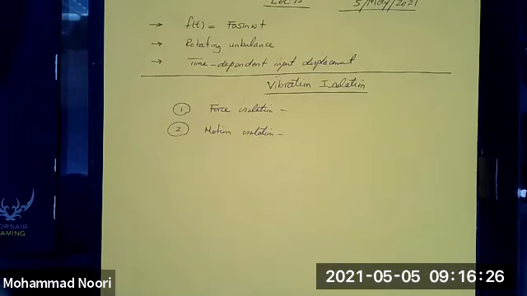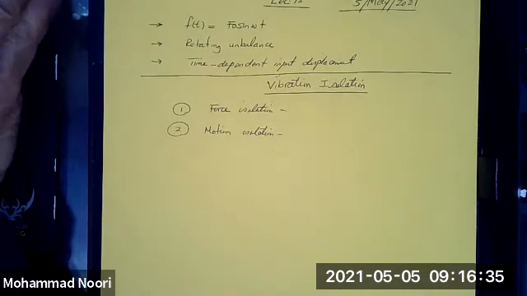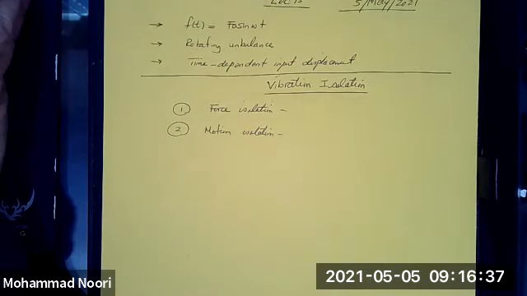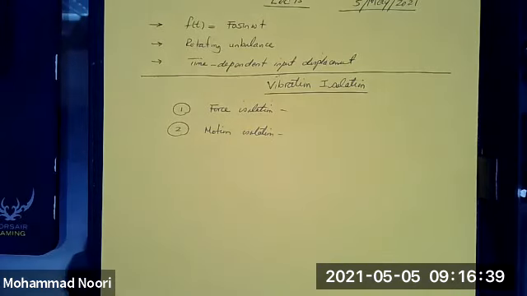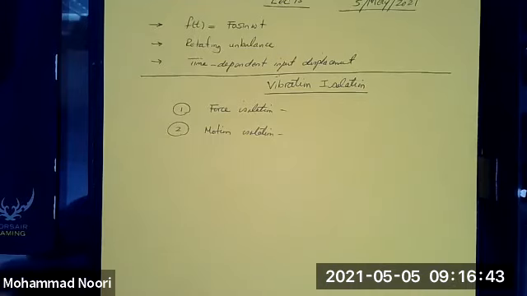Or if you want to isolate, for instance, the effect of an earthquake at the base of a structure, how do we minimize that effect? Or let's say you have a car driving over a rough road. How do we minimize the effect of that road roughness, which causes a motion in the system?